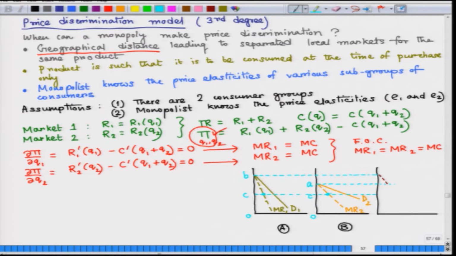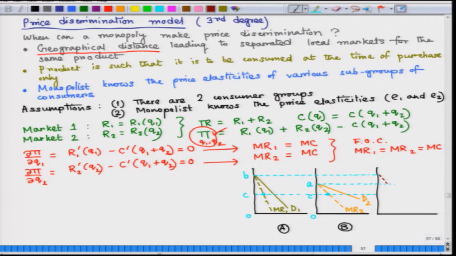So, there will be a marginal revenue corresponding to that in market 2 as well. So, here the monopolist will add these two marginal revenues, and that is basically the horizontal summation of the marginal revenue curves from both of these two markets.